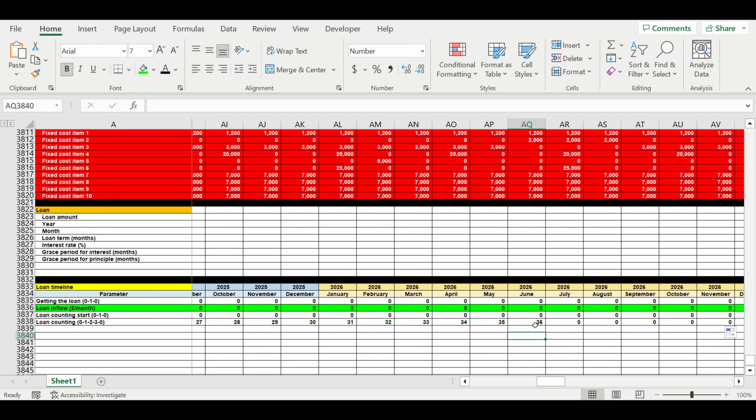So now we can see that in July 2026 we get the last payment of principal and interest.